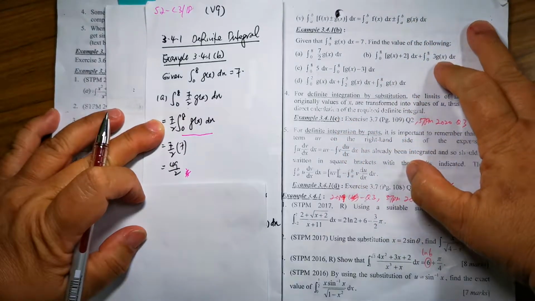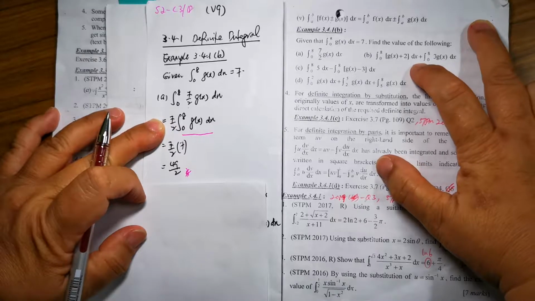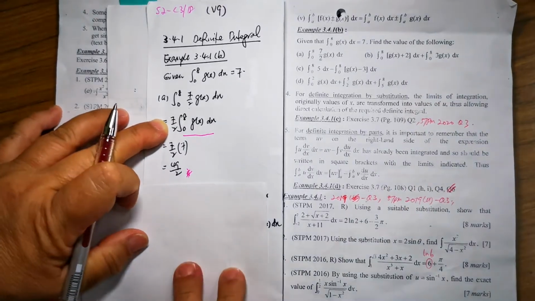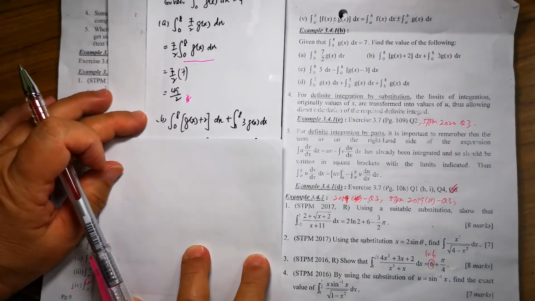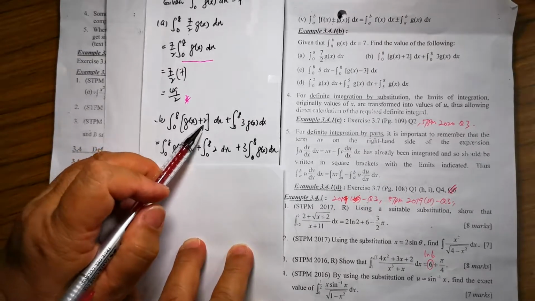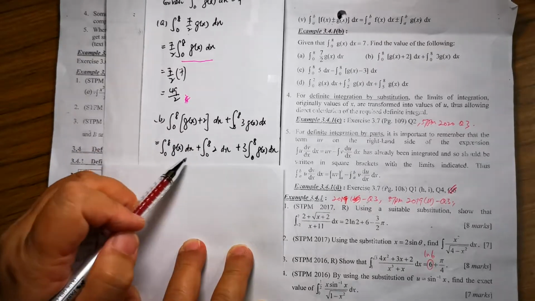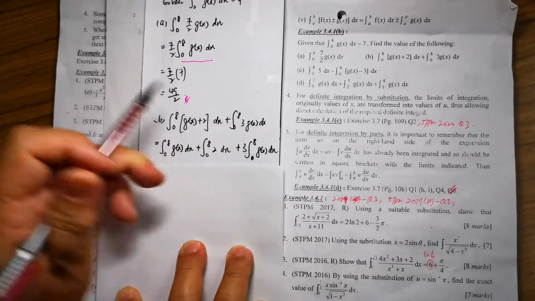Whereas for the second part here, we are going to use the second one again, the constant 3 we can put outside. So this is the question. First step, we split this one: g(x) plus 2, we split it into 2 integrals. This one, the 3 we put outside.